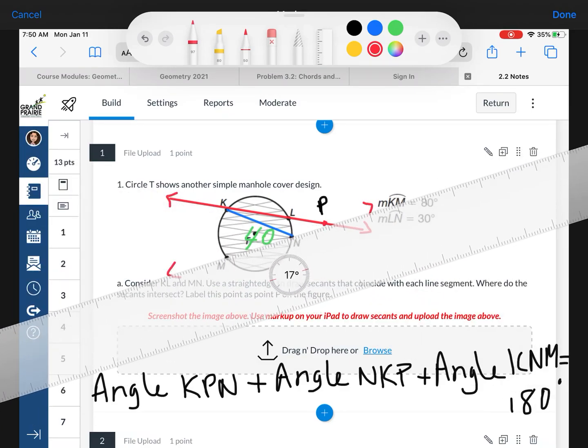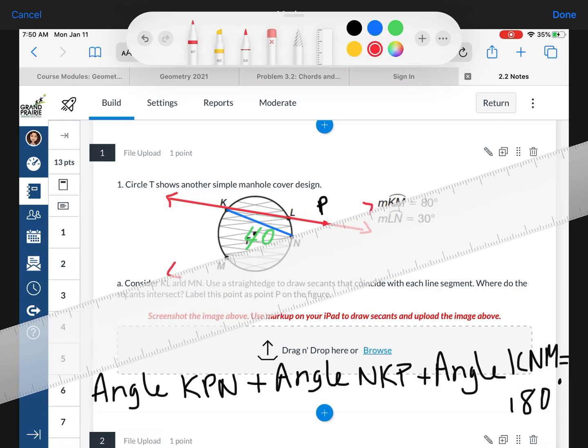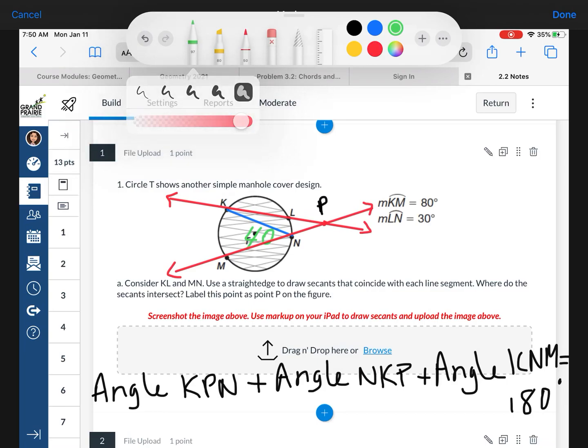Let's redraw that line. Okay, so if they have to add up to 180, then this angle right here would have to be 140, because 140 plus 40 is 180.